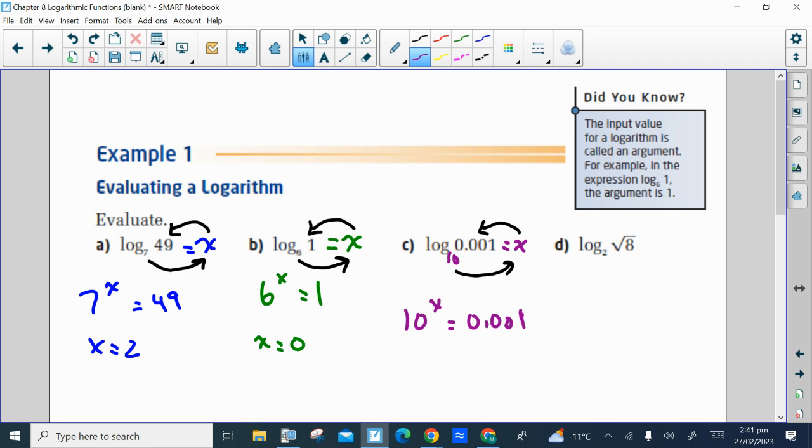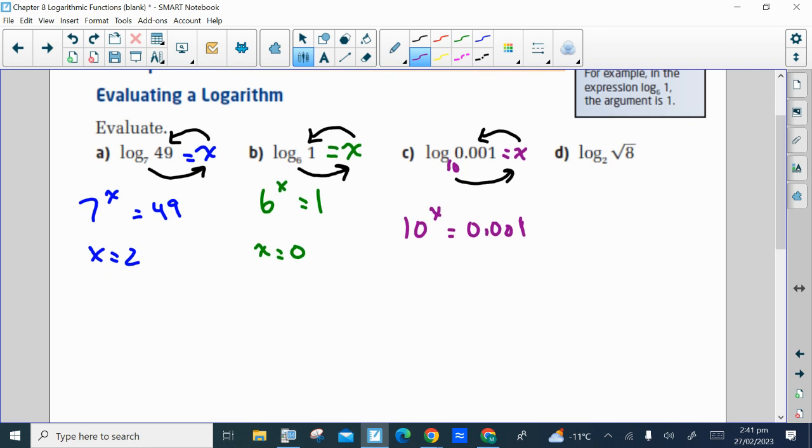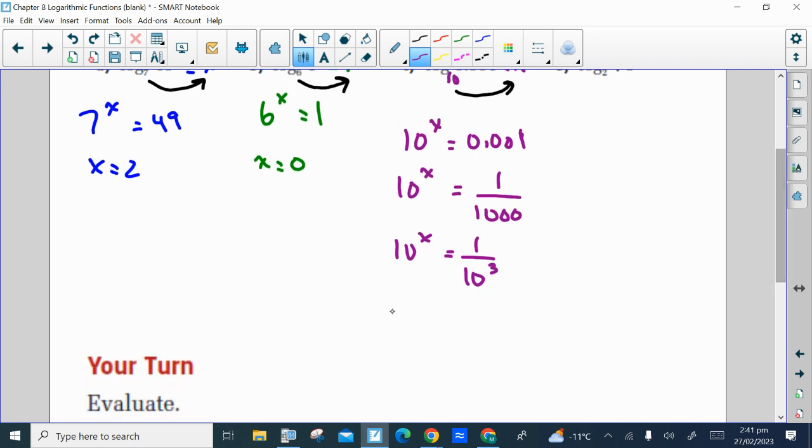So you can solve this exponential equation like we did back in the last chapter. 0.001 is 1 over 1,000. Right? Because there's 3 digits after the decimal. That means you're dividing by 1,000. So that is 1 over 10 cubed. 1,000 is 10 cubed. And if you move that 10 to the top, you'll get 10 to the -3.